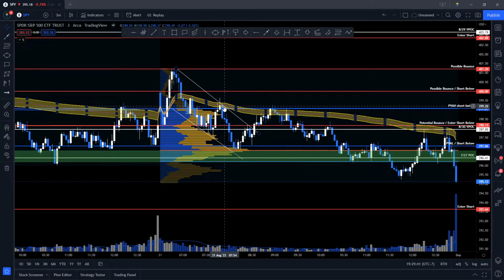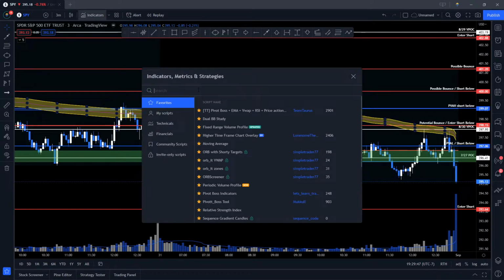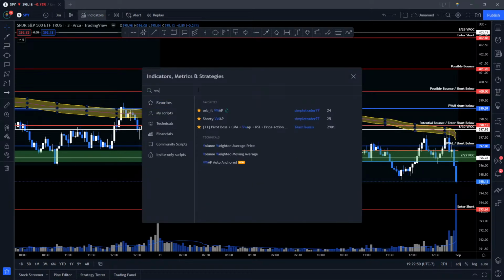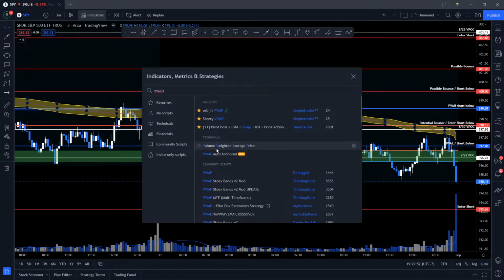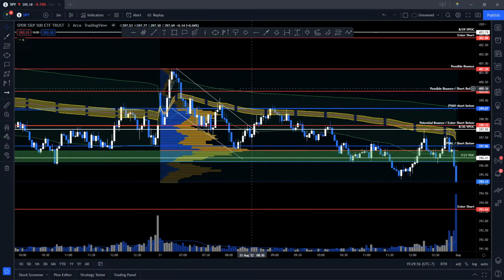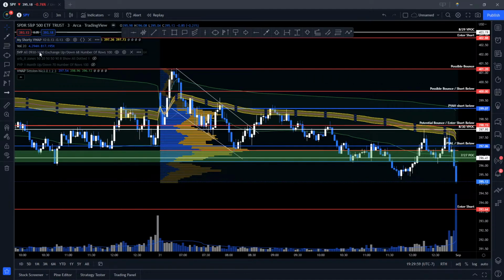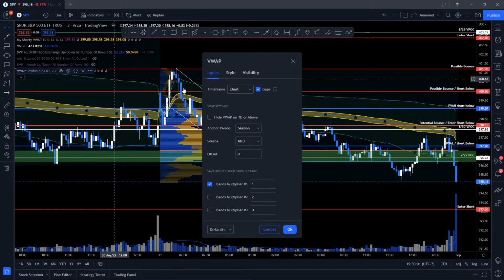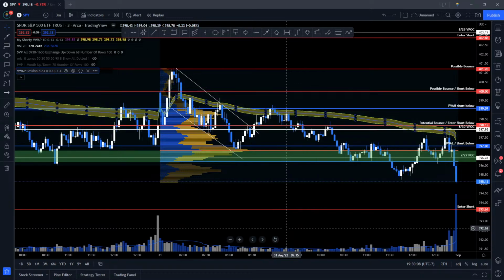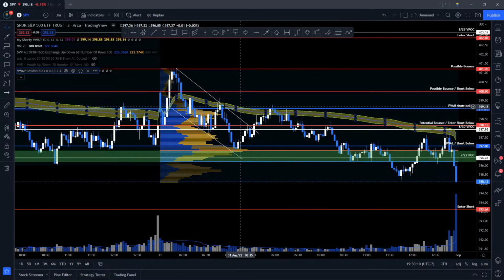And for people that don't have access to my Shorty's VWAP, you can go into indicators, search for VWAP, and just use this volume weighted average price. When you use it, you go into the settings, change the band multiplier to 0.13 and click OK. And now you'll notice the VWAP lines up exactly with mine.